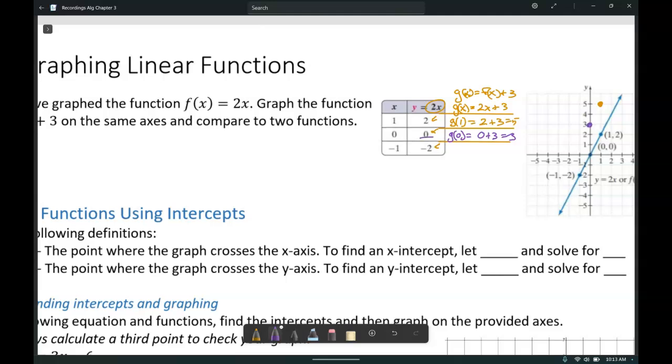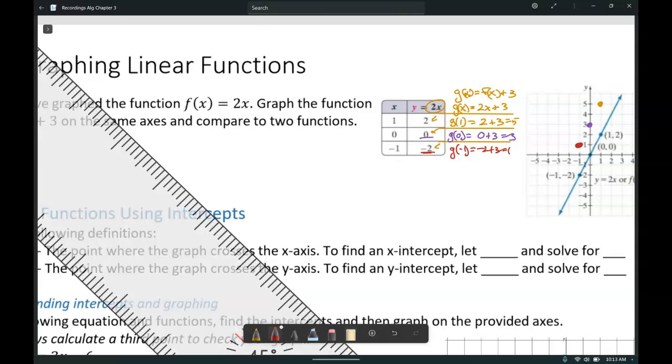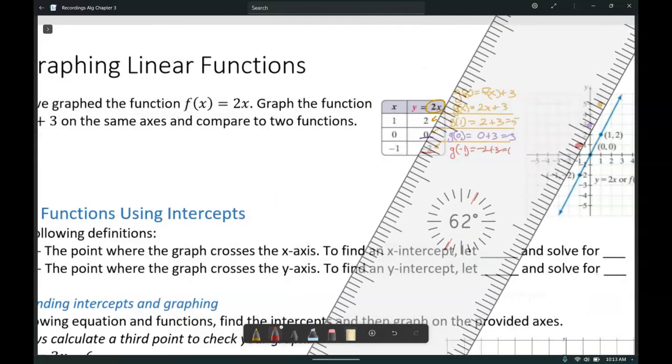And we have this new point here. And we can do it again with g of -1. Well, f of -1 is -2, plus 3 equals 1. And so we have the point -1, 1. And we can graph our line, connect our points.